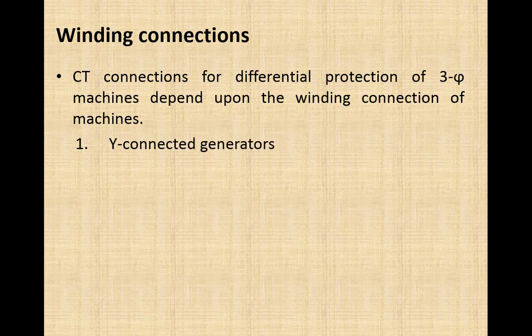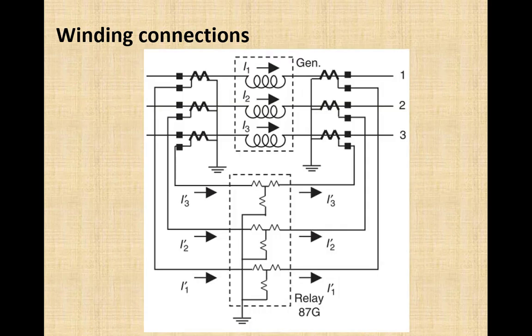So the first condition, if the generator stator winding is Y connected, here you can see how we will connect the differential relay on two ends. The differential relay requires current from the two ends of the machine to compare with each other. So that's why we can see here 3 sets of CTs have been installed here and 3 sets of CTs have been installed over here.